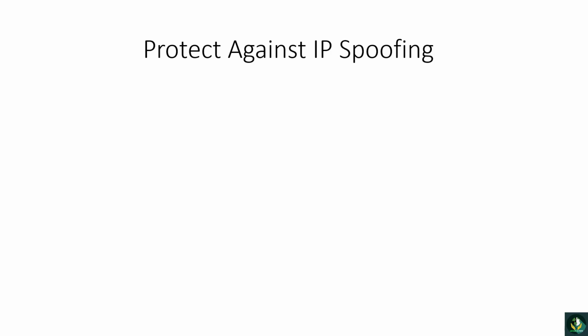Use strong verification and authentication methods for all remote access, and do not authenticate devices and users solely based on IP address. Make a list of IP addresses, and use both ingress and egress packet filtering.